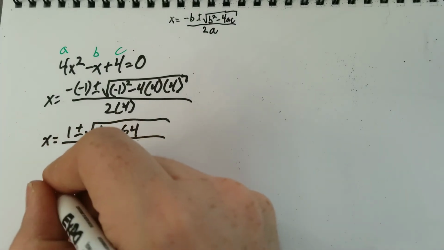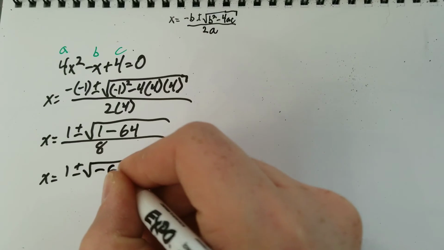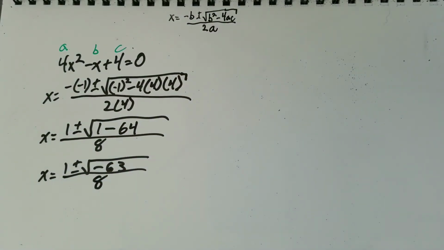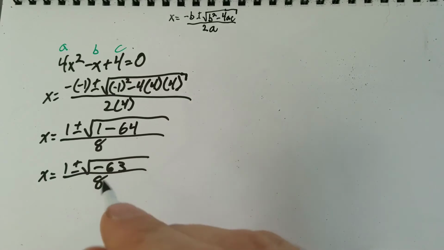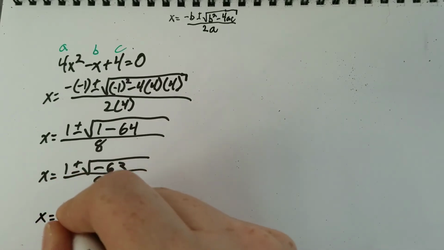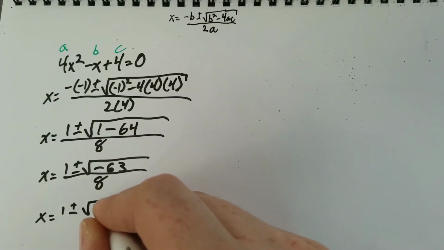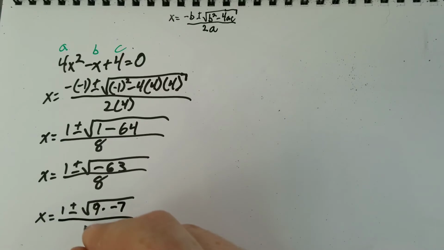So now we've got x equals 1 plus or minus the square root of -63 over 8. Now we can separate this into a 9 times -7. x equals 1 plus or minus the square root of 9 times -7 over 8.